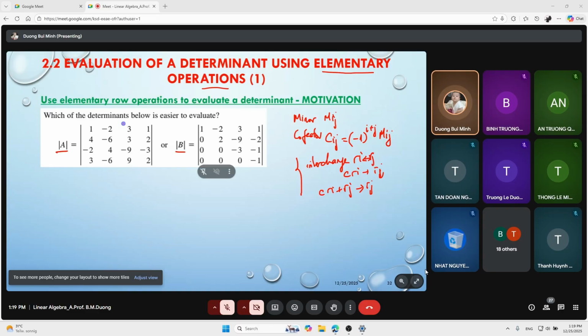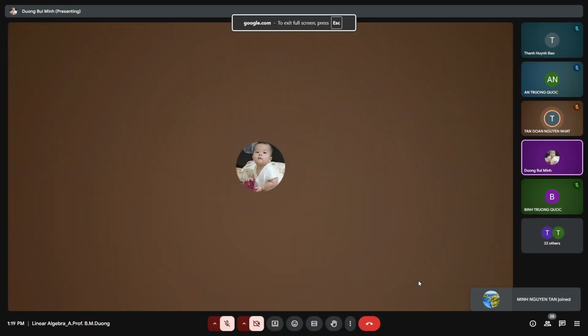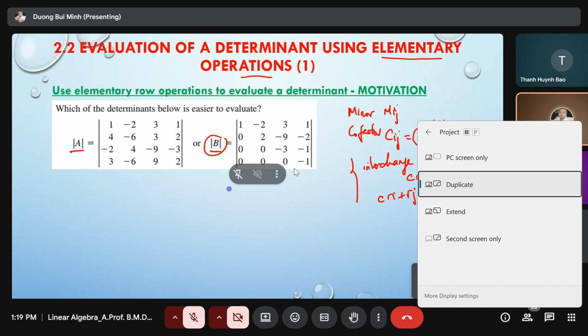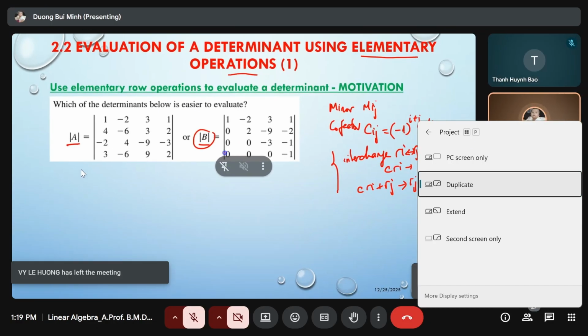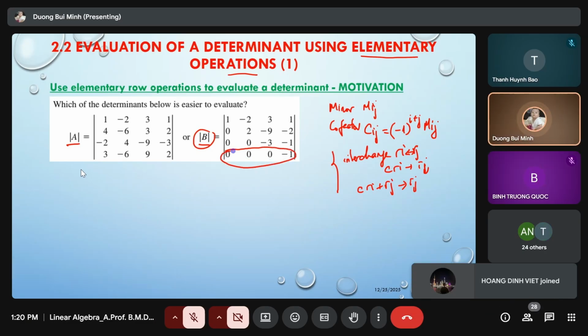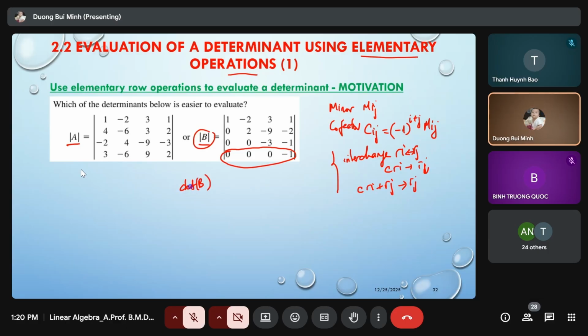So which of the determinants below is easier to evaluate? Of course, B. Why? Because you can recognize there are more zero elements, so calculating the determinant of B is very easy.